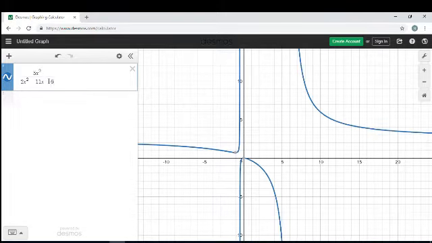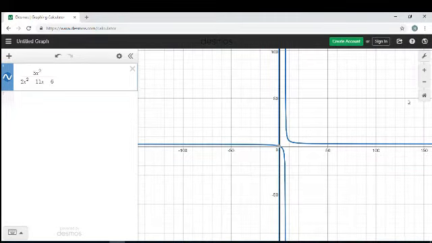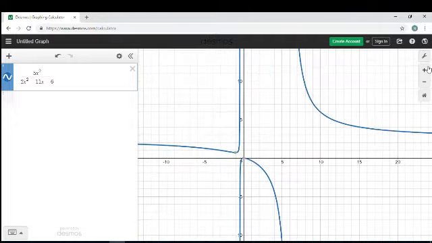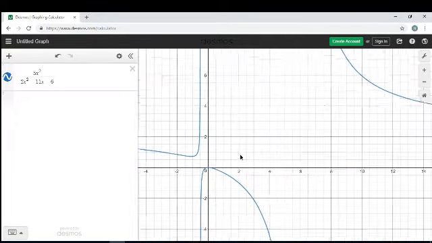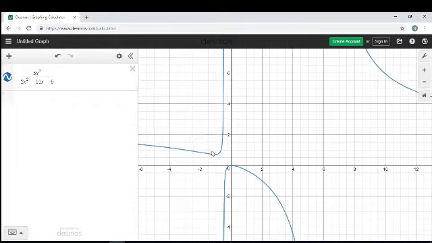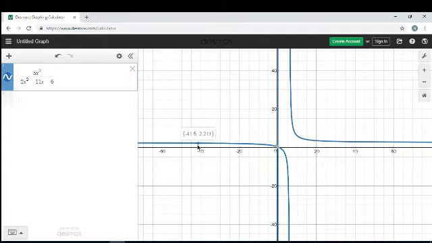Okay. Yes, you're going to have vertical asymptotes at the stated points and horizontal asymptotes at 5/2. You're getting closer and closer to 2.4, which is almost 5/2, which is 2.5.